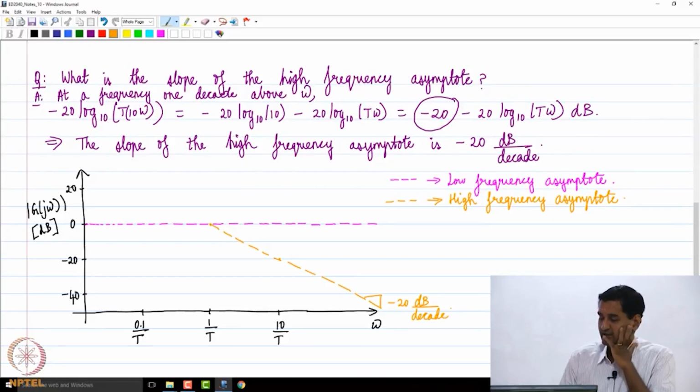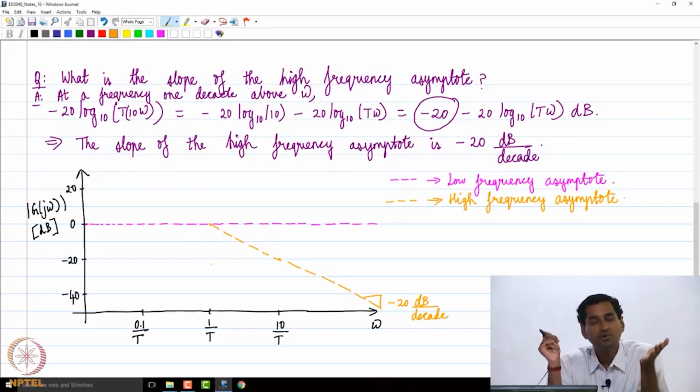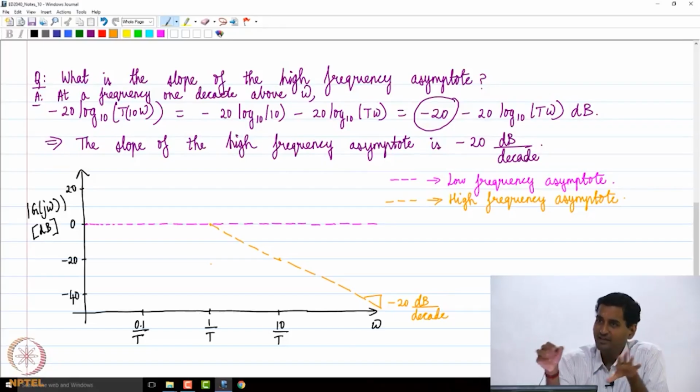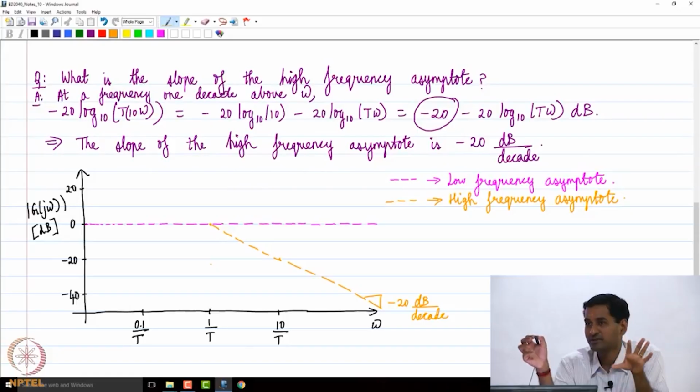Now, both of them intersect at 1 by capital T. For drawing Bode plots by hand, as far as problems in your homework and exams are concerned, you need to only plot the asymptotes and use the asymptotes curve as your approximation of the Bode plot for that particular factor.